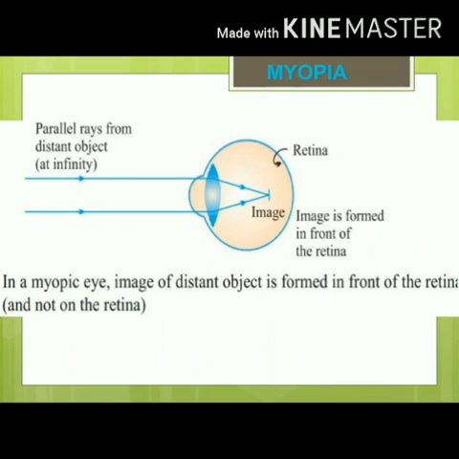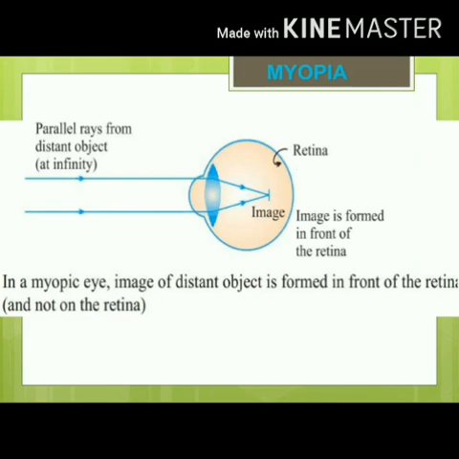Here you need to see that the rays from the object are at infinity. We all know from the previous chapter that when the object is at infinity, the incoming rays are parallel rays.